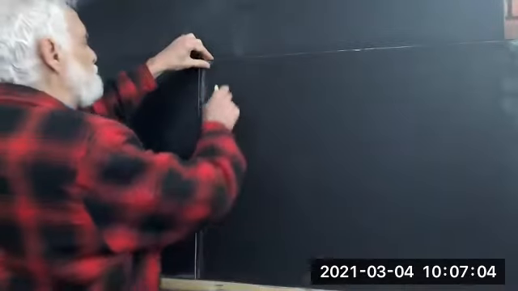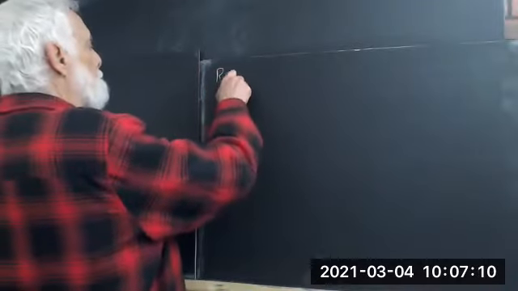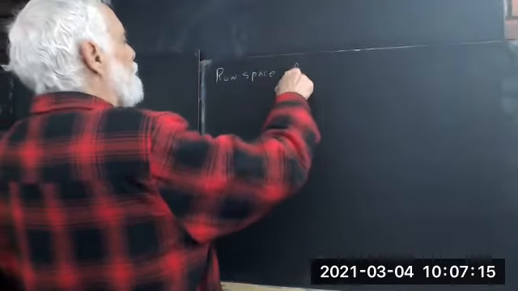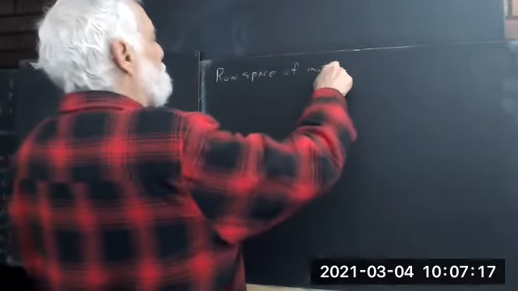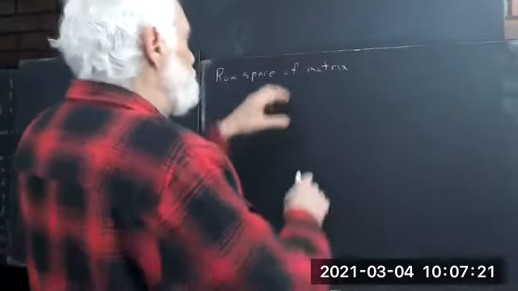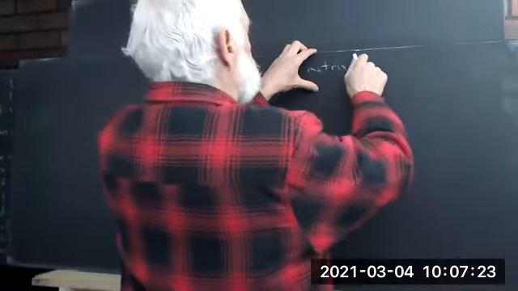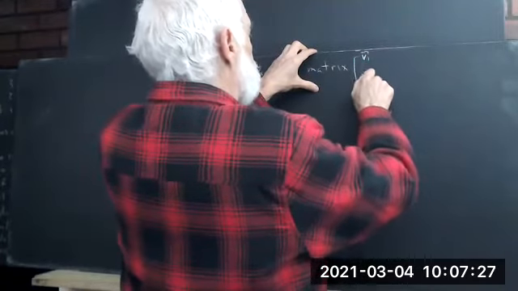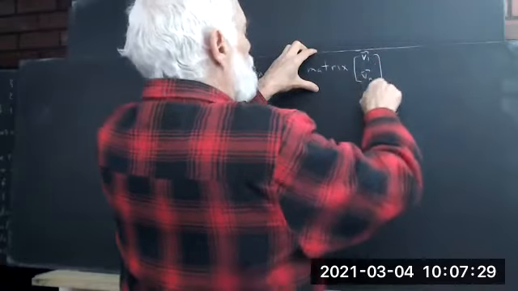Okay, so a couple definitions. Whoops, wrong color. Row space of a matrix, and let's make the matrix V1 through Vn.